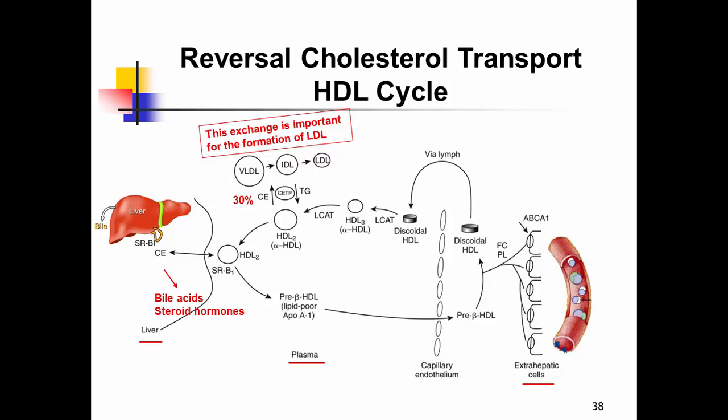And once the free cholesterol is esterified to cholesterol ester, the cholesterol ester can then be internalized to the lipid core of the HDL. So discoidal HDL becomes the alpha HDL.